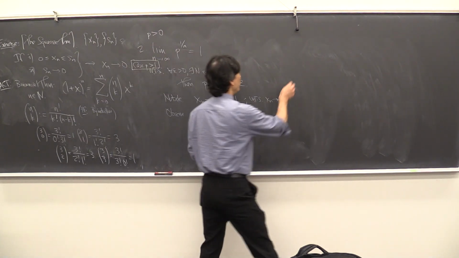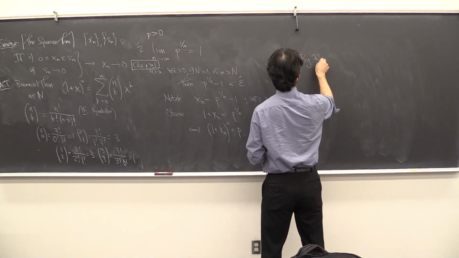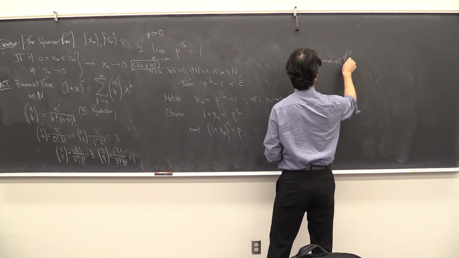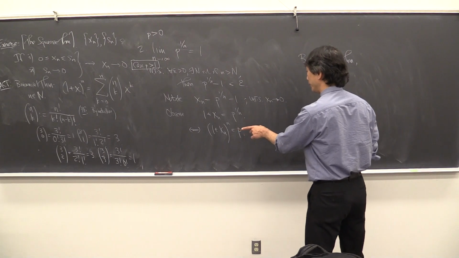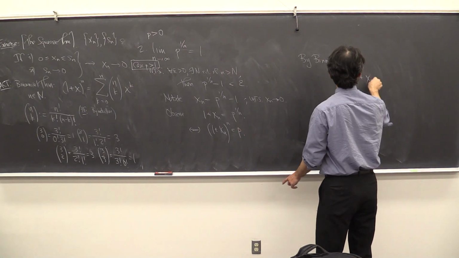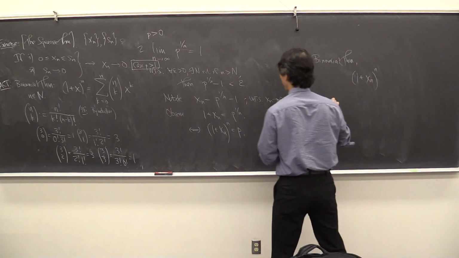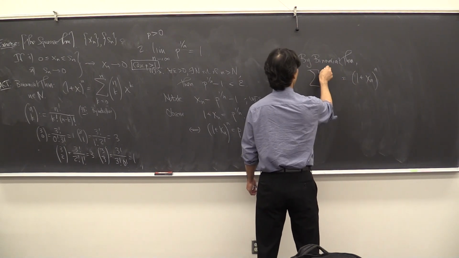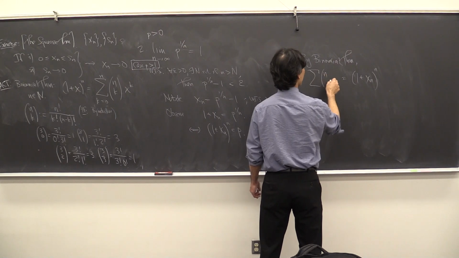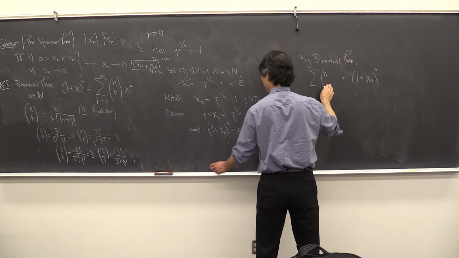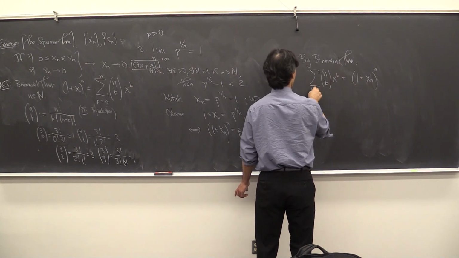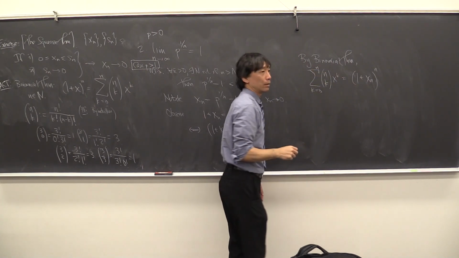Now by the binomial theorem, 1 plus x sub n to the n is this full-blown thing, the sum of n choose k, x to the k, with k going from 0 to n.